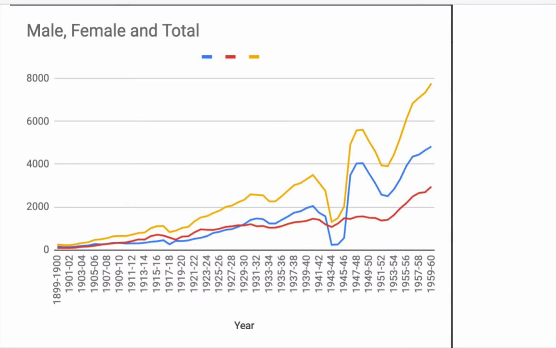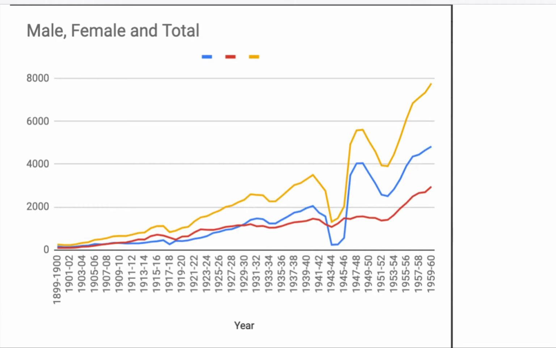Now we're looking at the 20th century from the beginning to about 1960, and here you can see a little story happening. There was a little bit of a dip during World War I, and then the enrollment starts to go up again, and then suddenly it dips drastically for males during the time period of World War II.